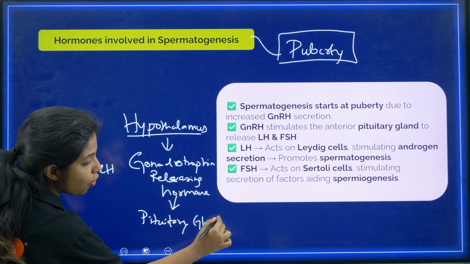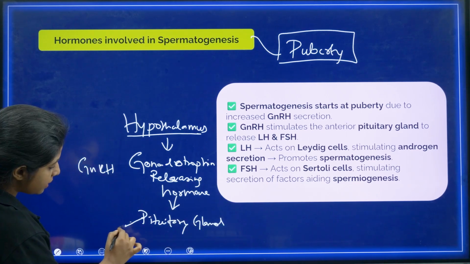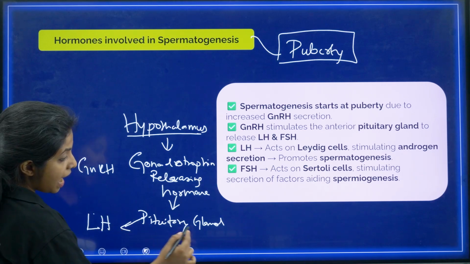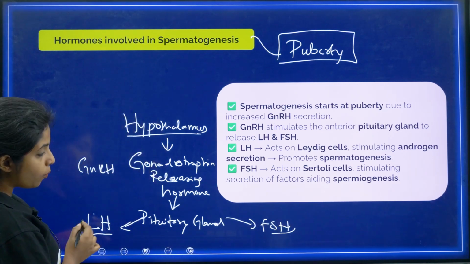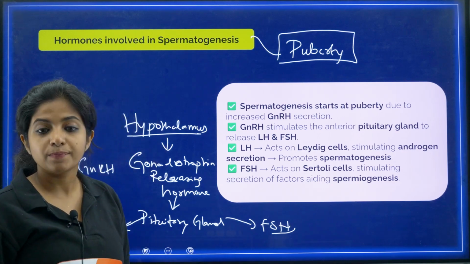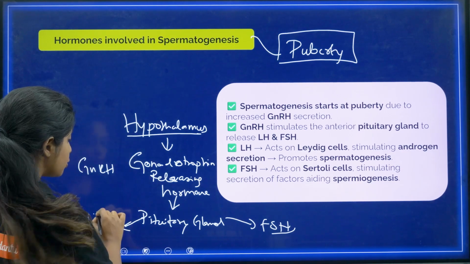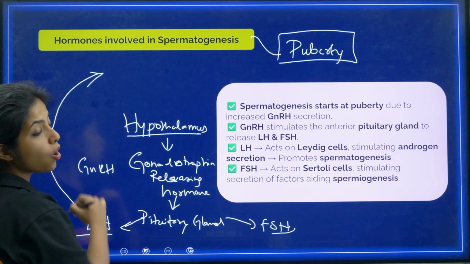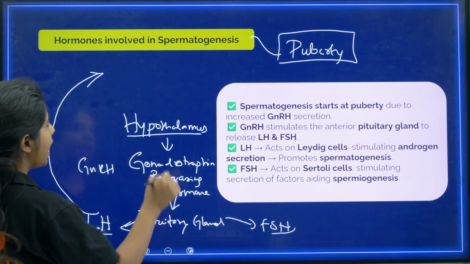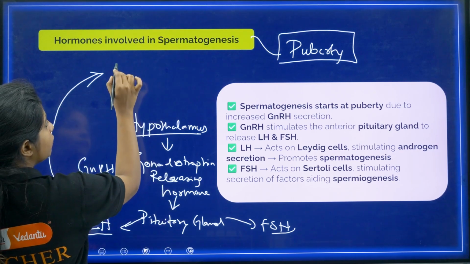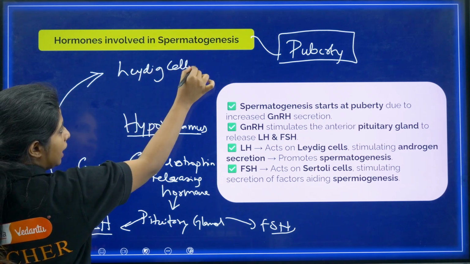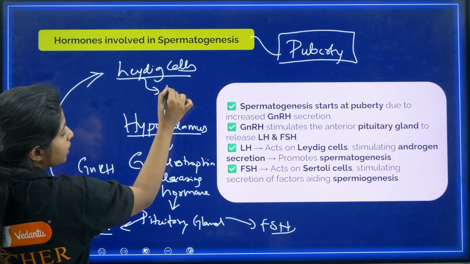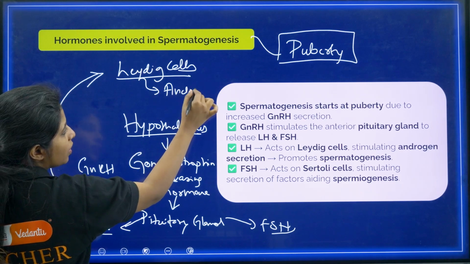to release two hormones. One is FSH, follicle stimulating hormone, and the other is LH, luteinizing hormone. Now what happens to the luteinizing hormone? Luteinizing hormone will go act on what? It will be acting on Leydig cells, my dear children. And Leydig cells were the ones that were releasing what?